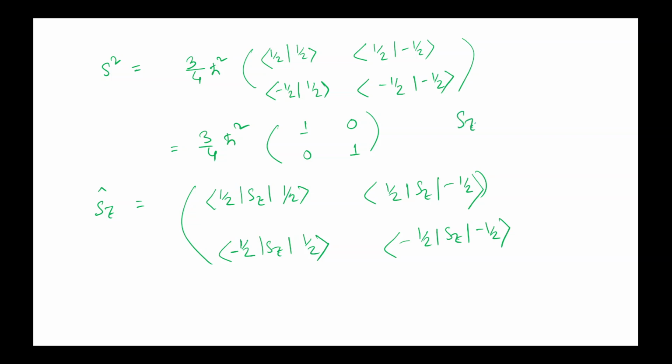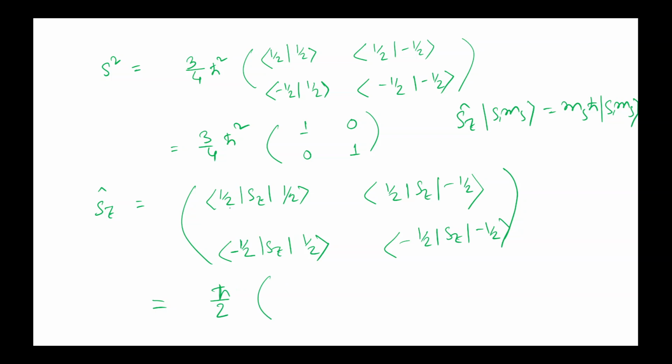You know this: when sz operates on |s, ms>, it gives you ms h cross times |s, ms>. So your matrix becomes half h cross, so you can take h cross common.